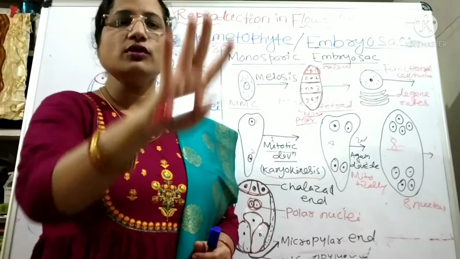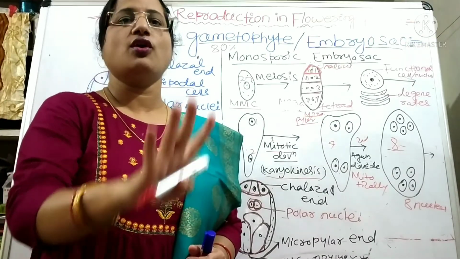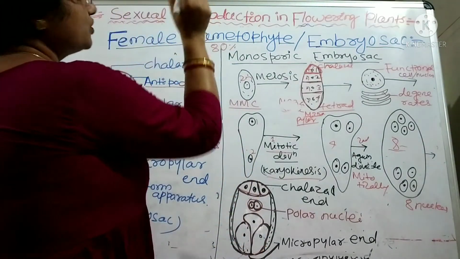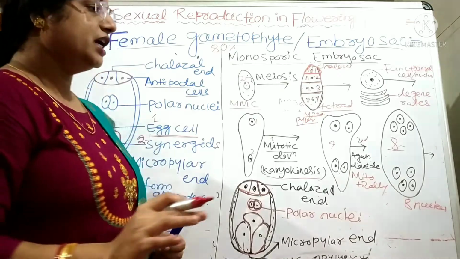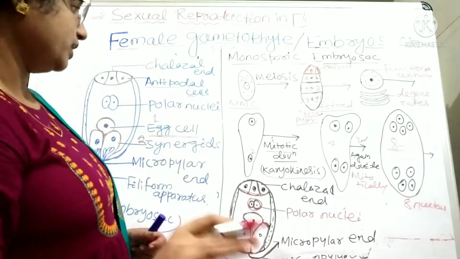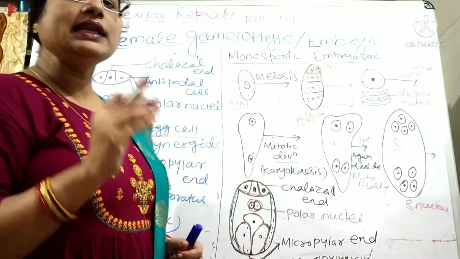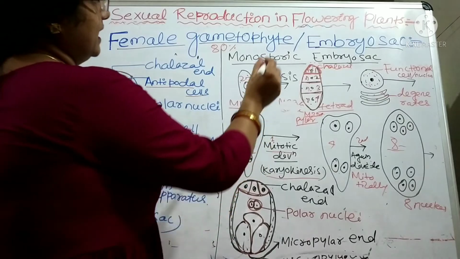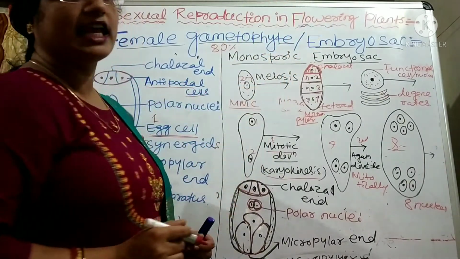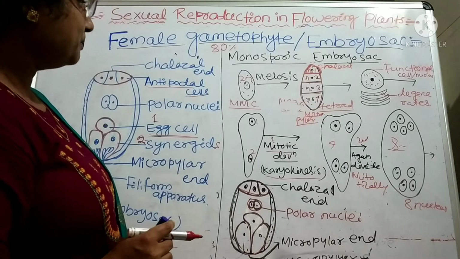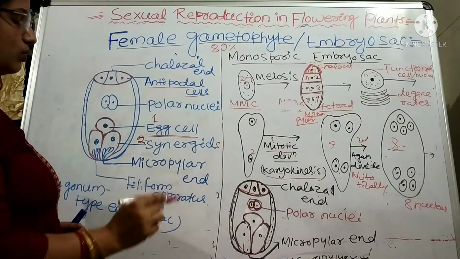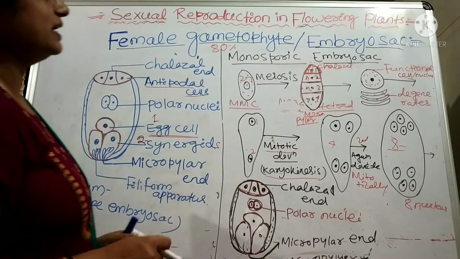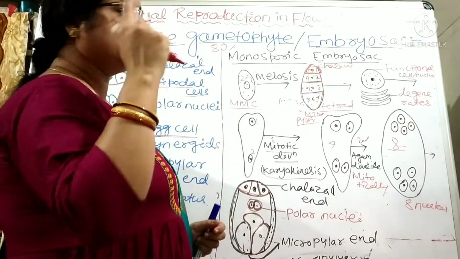When all four spores, the whole tetrad of megaspores, undergo the formation of the female gametophyte, it will be known as tetrasporic. Okay, in 80% of angiosperms, there is a monosporic embryo sac. Monosporic embryo sac is also known as polygonum type.